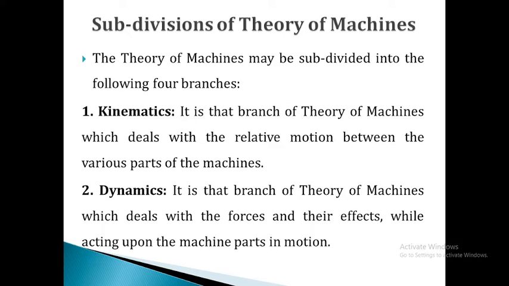So in this branch, kinematics of machines, we will only study the relative motions of the links of a machine, or we can say how a link moves relative to the other part.